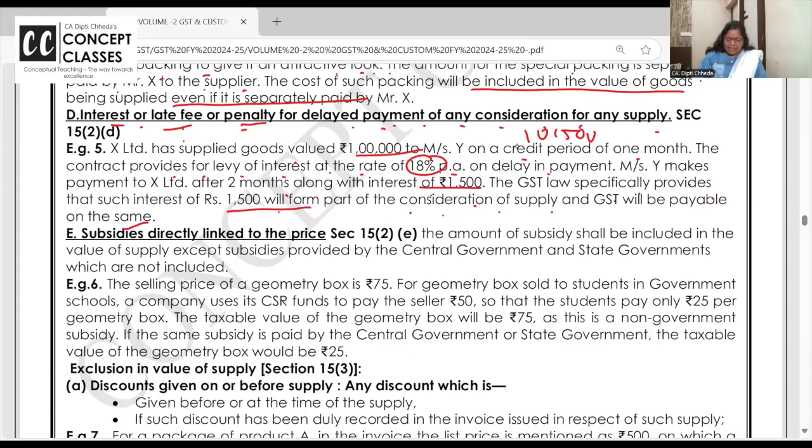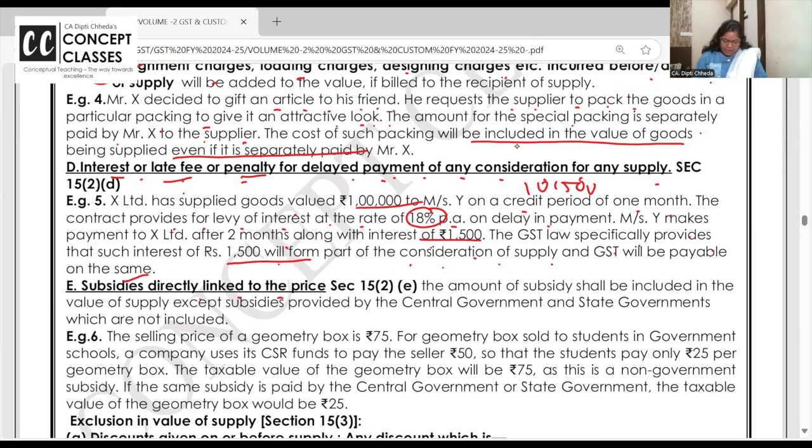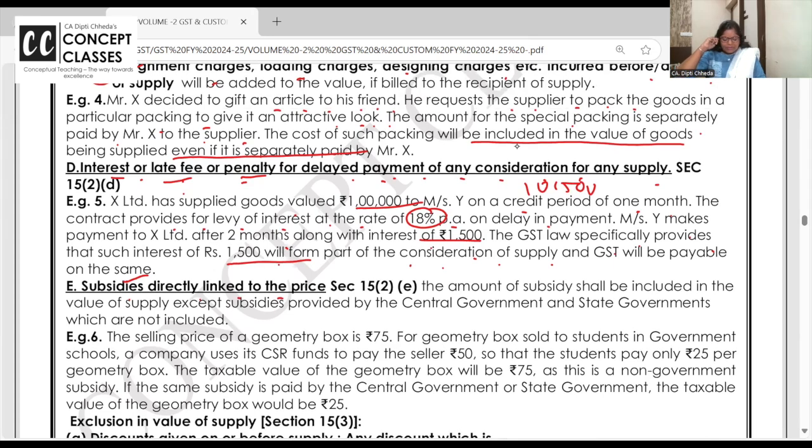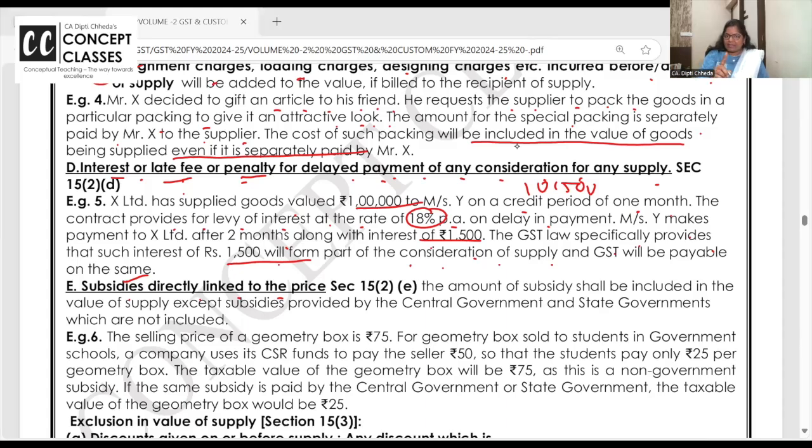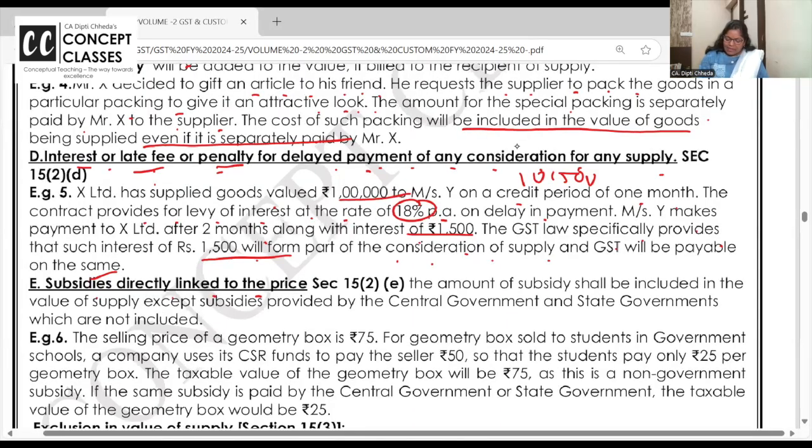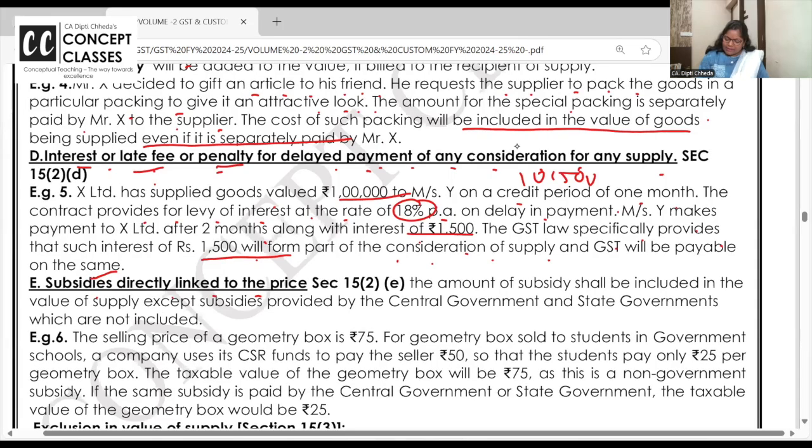Next is subsidies directly linked to the price. Here one point is very important, it is given ahead, but I want to take it here also. Suppose for late fees, we gave 1 month time to everyone, and he is paying me in 2 months, I'm going to charge interest.